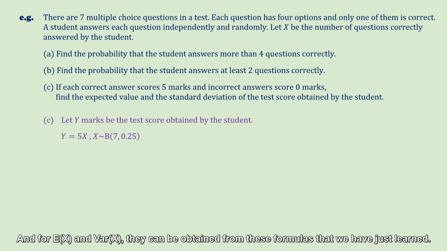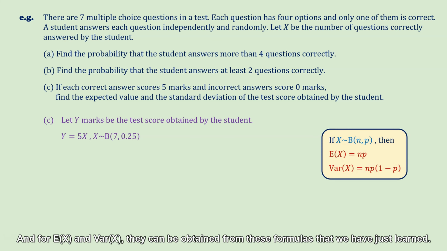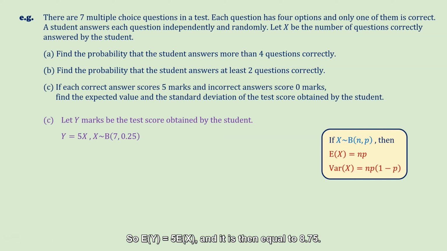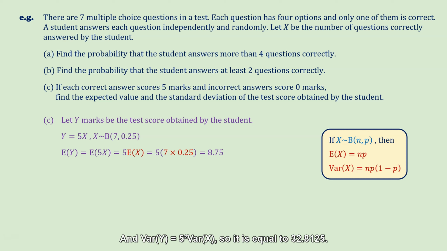And for the expectation of X and the variance of X, they can be obtained from these formulas that we have just learned. So the expectation of Y is equal to 5 times the expectation of X, and it is then equal to 8.75. And the variance of Y is equal to 5 squared times the variance of X, so it is equal to 32.8125.